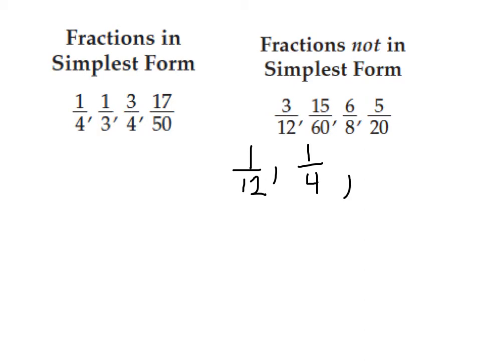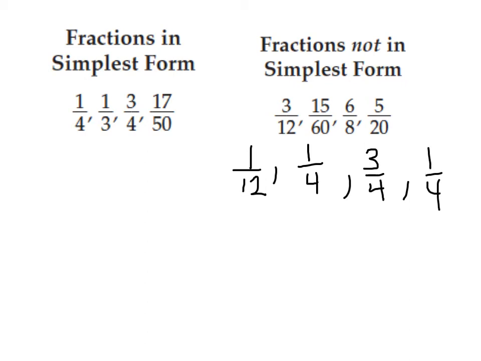Our next fraction, 6 over 8, I notice that the GCF of 6 and 8 is 2. I can divide by 2, the GCF, and that would give me 3 over 4. And finally, my last fraction, 5 over 20. I notice that the GCF of 5 and 20 is 5. I'll divide the top and bottom by 5, and I get 1 over 4.